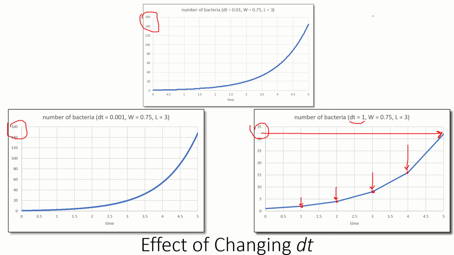That's the reason why these two look the same, but this one looks different. So we want to make our dt as large as possible, but small enough that you don't get this giant change from here to there. Any questions about this idea of making the dt too big?